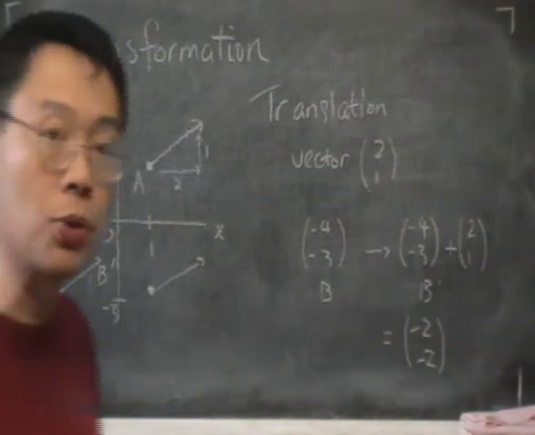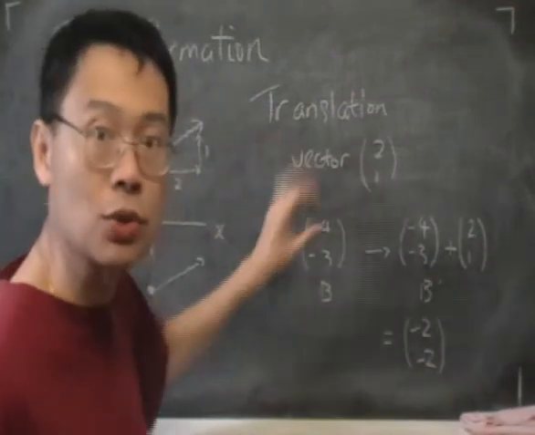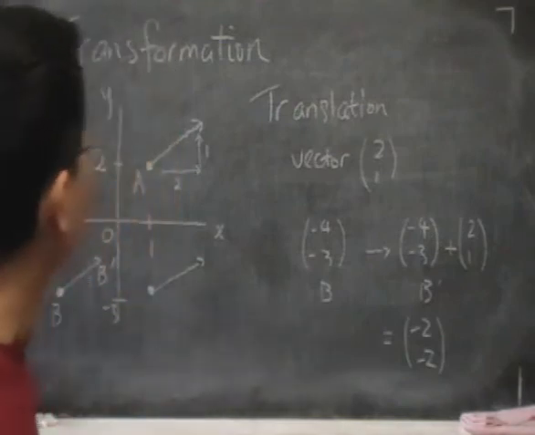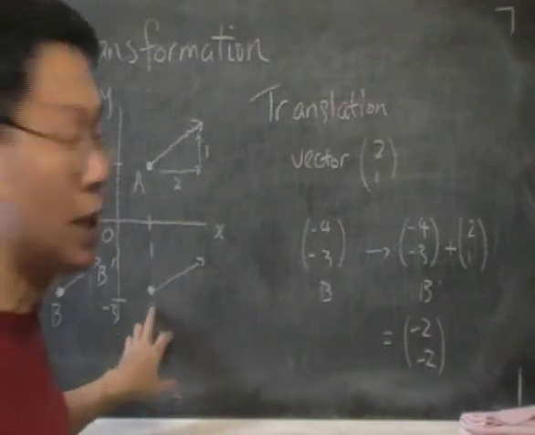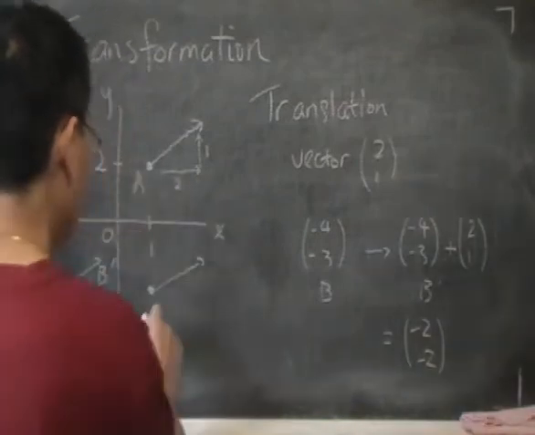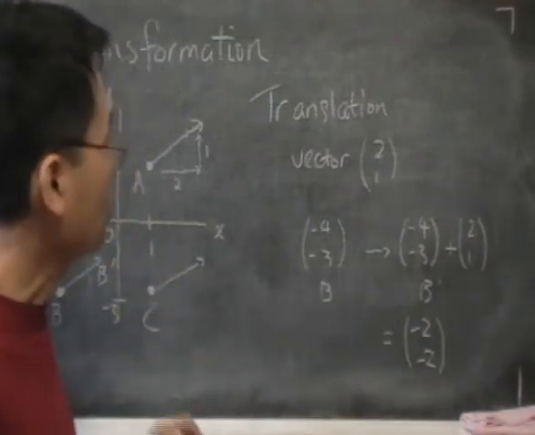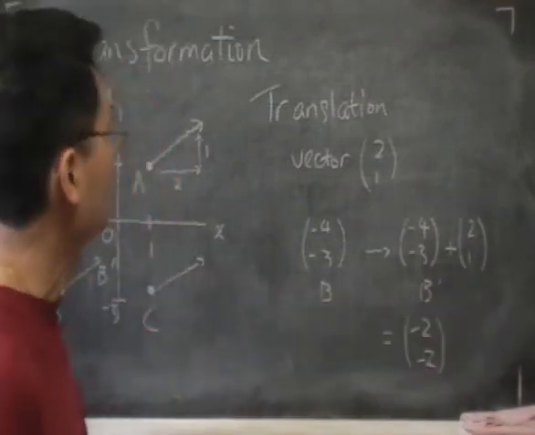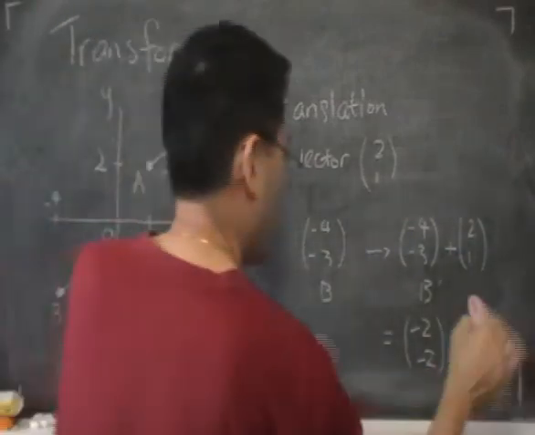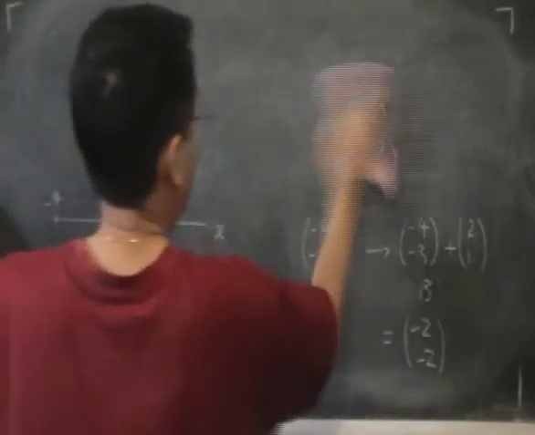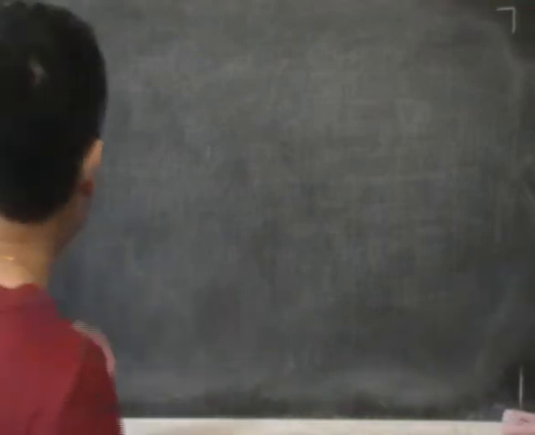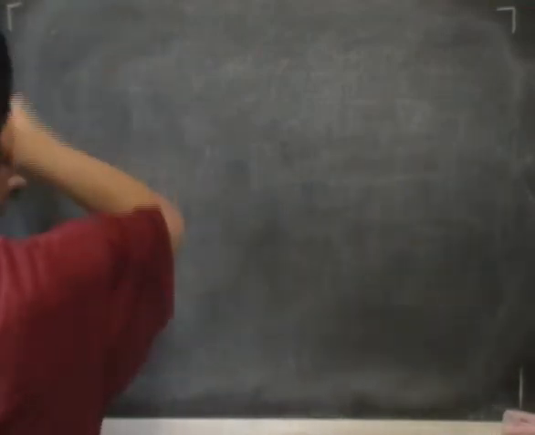There we have our new point, the point B that we get after applying this translation to B. And in the same way, if you have any other point, like A or maybe C, as long as you know the x and y values, you can just add the translation vector to get a new point. So this is translation.